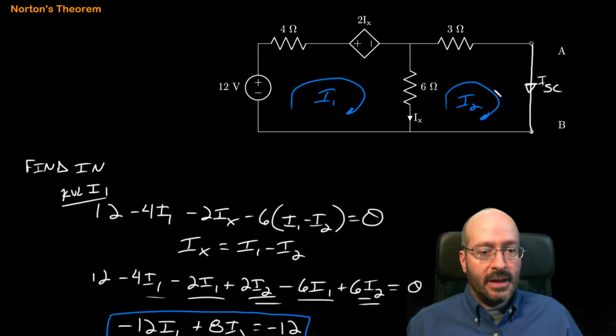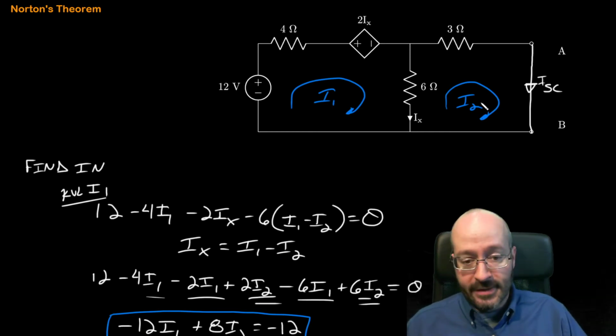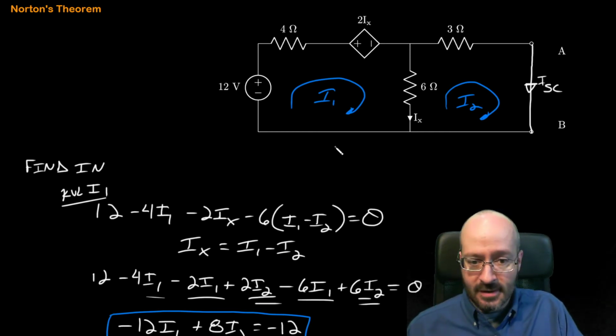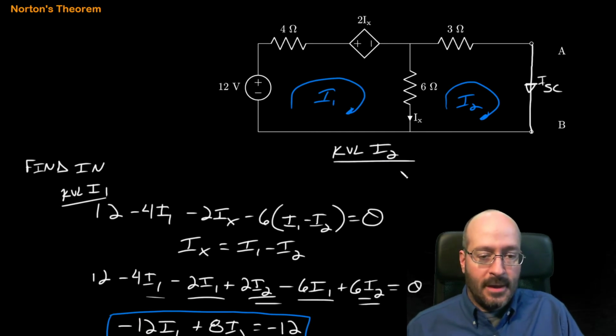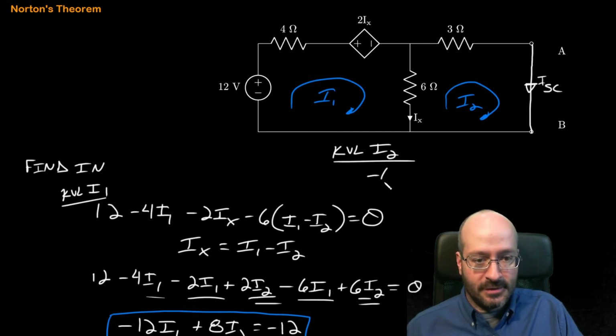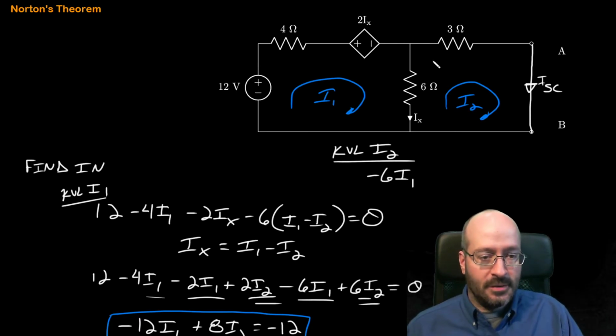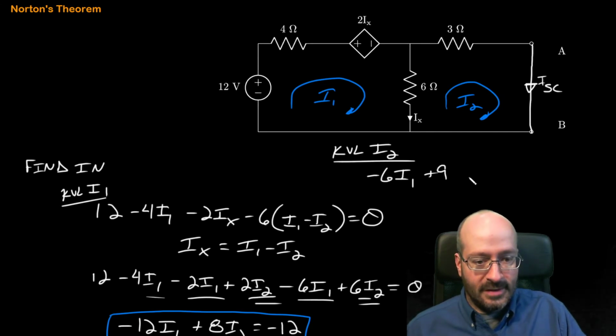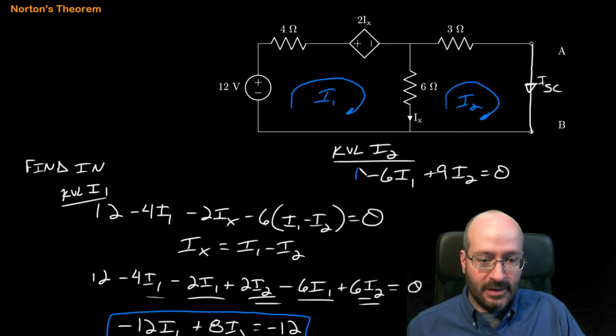Looking at I2, we can use a shortcut on that one. What does I2 share with I1? It shares the 6. What does I2 touch? It touches 9, and there are no sources, so that was nice and easy.